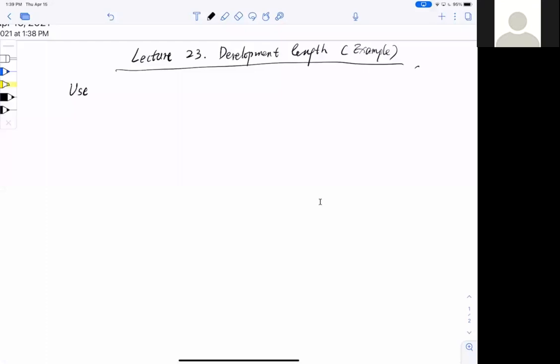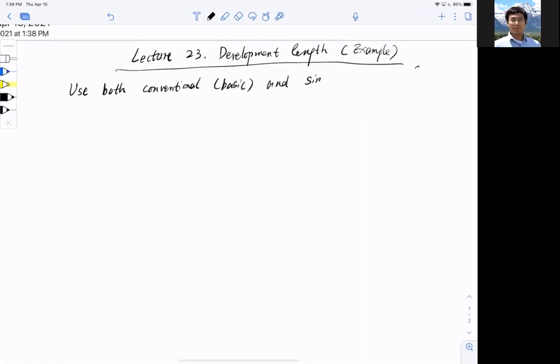Sorry about that. Like I said, in this lecture 23, we're going to walk through an example using both the conventional or basic approach and the simplified approach to calculate the development length, LD. So how do we calculate it?